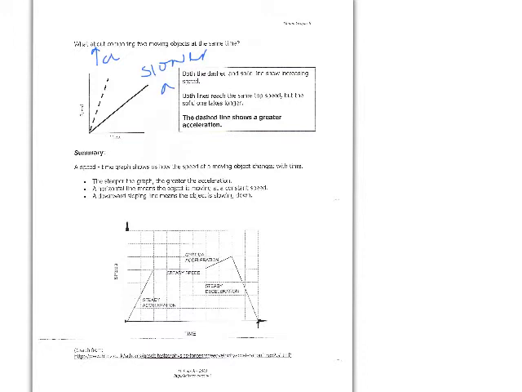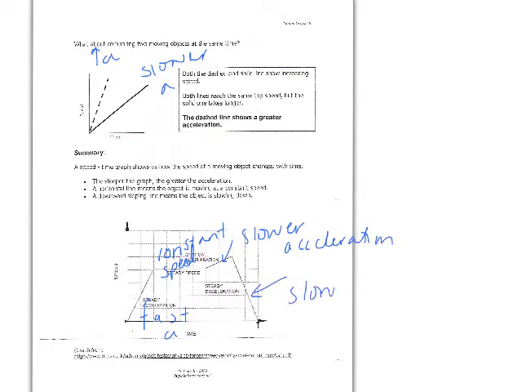And then on this graph down here, we have a steady or fast acceleration, constant speed, a slower acceleration but still accelerating, and then slowing down or decelerating.